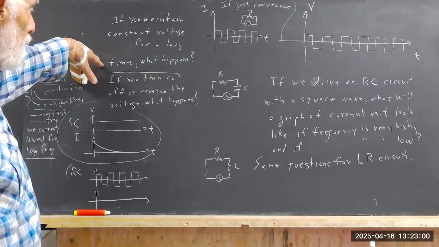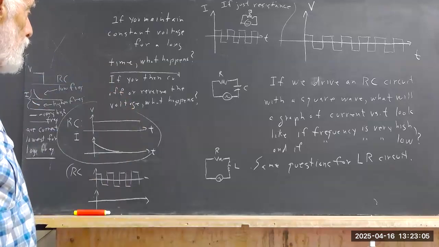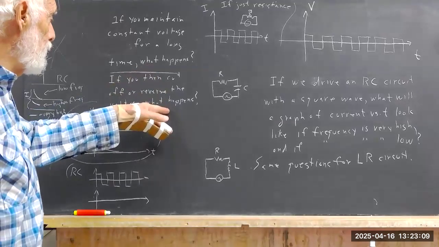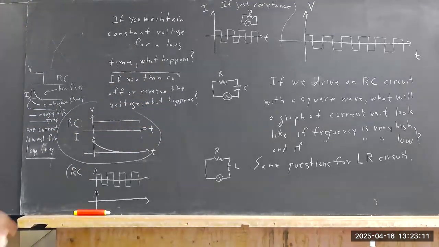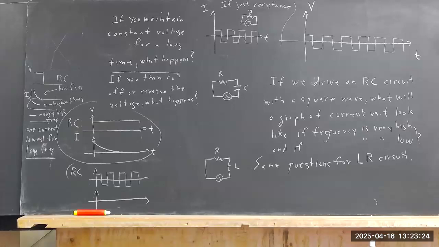Constant voltage for a long time, what happens to the inductor? You then cut off and reverse the voltage. Reverse the voltage, what happens? Now we haven't gotten to reversing the voltage. If we cut off the voltage to the capacitor, it's just going to drop from here to zero, or if it's already pretty much zero, it's going to become really zero, right?